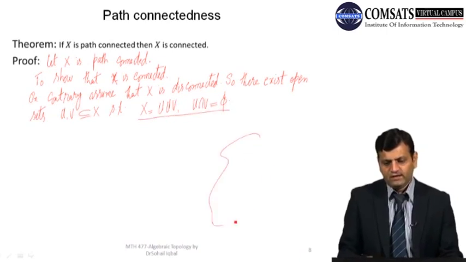In other words, X can be written as a union of two open sets. Let's say this is U and this is V, and their intersection is empty. This is our total space X.